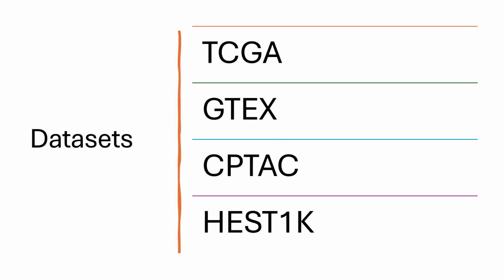HEST-1k is an open-source spatial transcriptomics dataset for Visium, developed at Harvard, and you can use it. So many CVPR papers came with this idea.